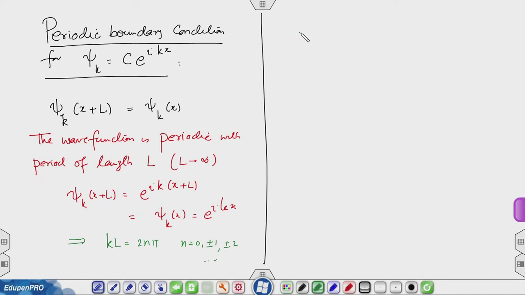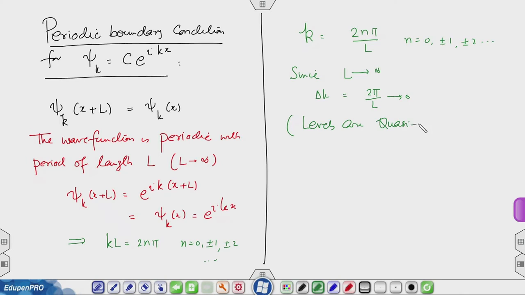And therefore, the k values are 2nπ/L, n equals 0, ±1, ±2, and so on. Since L is tending to infinity, delta k, which is 2π/L, is tending to 0. So, the levels are quasi continuous. That means that although they are grainy, the difference between them is 2π/L, but that difference is very small.